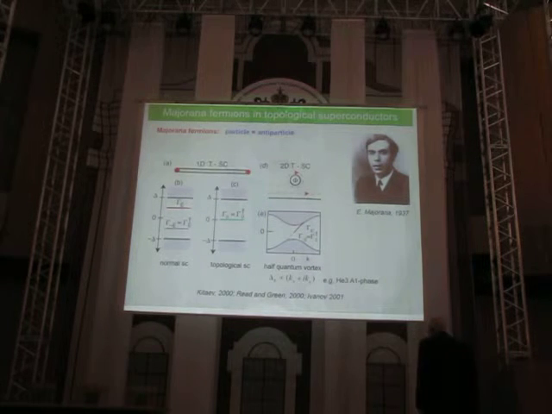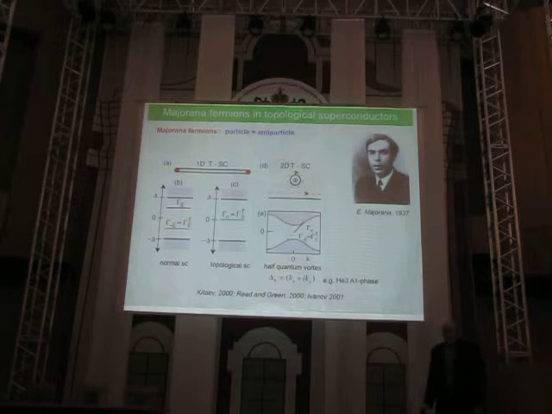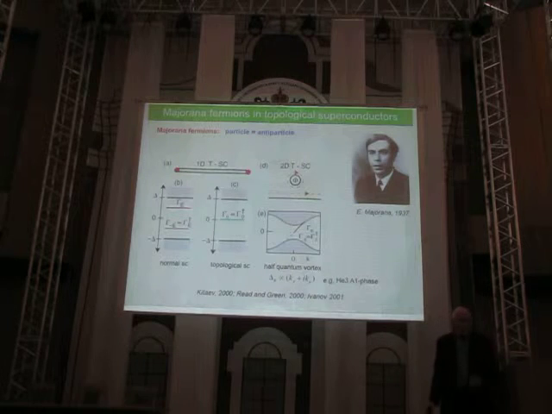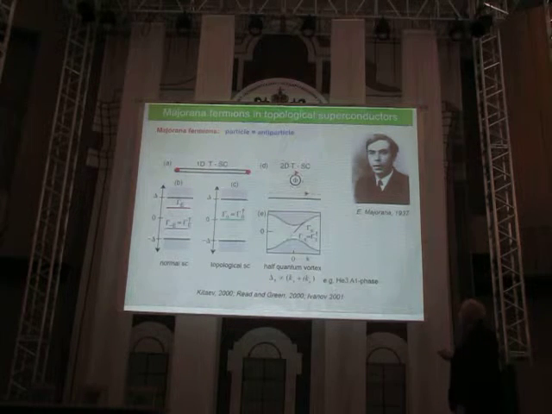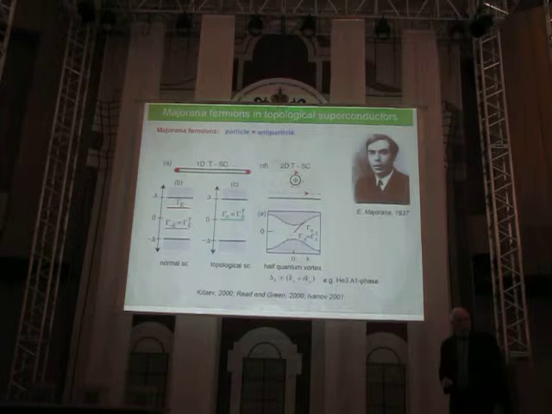And the question is how to get these fermions. And here topological insulators come into play. If you imagine a 1D topological insulator superconductor, then you will have the following. In the normal superconductor you have the usual situation: edge states which form in the superconducting gap.